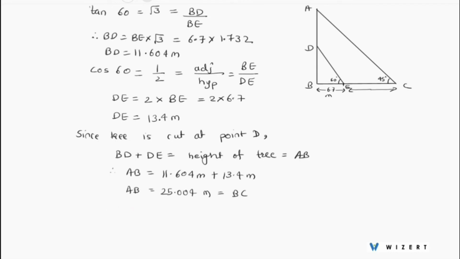Now to find EC, we simply have to subtract BE from BC. So BC minus BE is equal to EC from the diagram. Therefore EC is equal to BC, which is 25.004, minus BE, which is 6.7 as given.